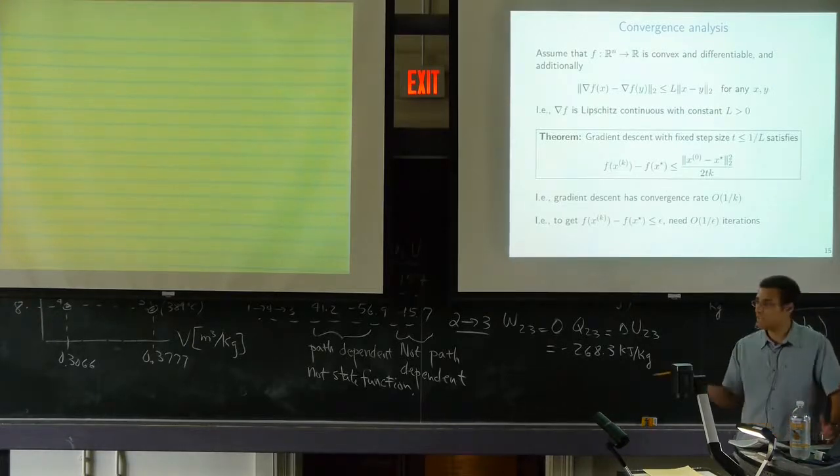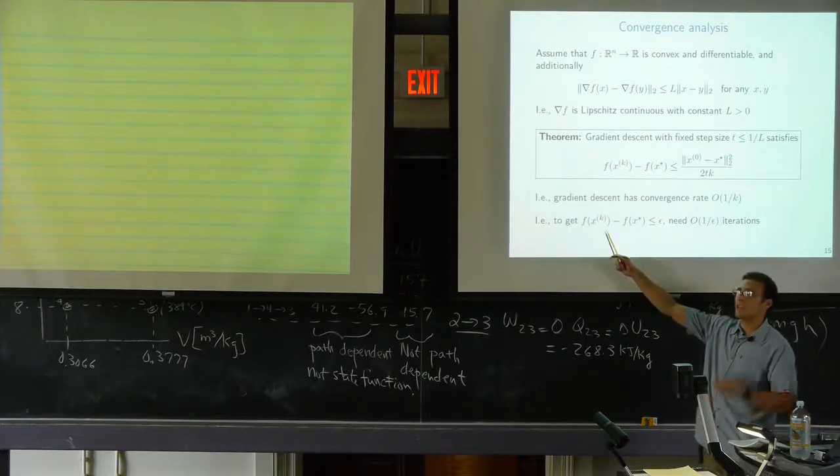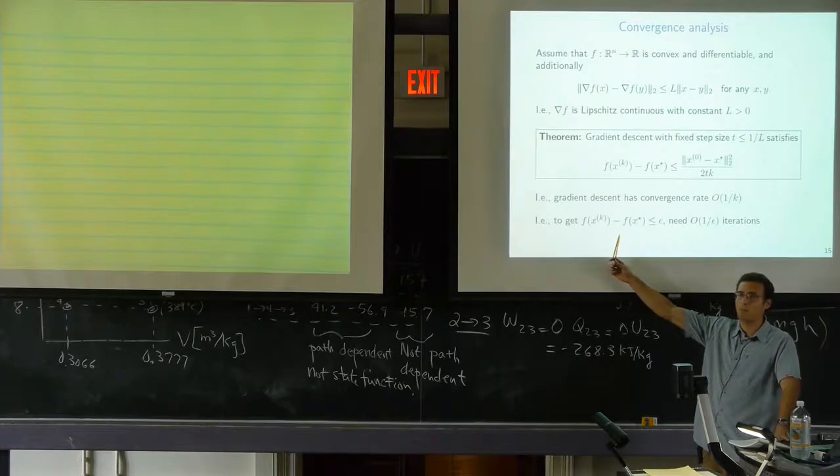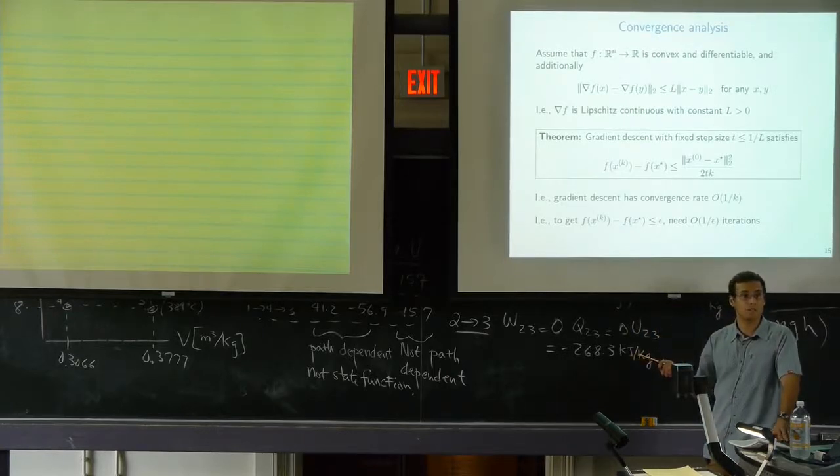Okay. So another way of saying that same result is that if you gave me an epsilon and you told me that you wanted to minimize the function to within a certain level epsilon, so you want the iterate I actually return to be no different from the actual optimal value of the function by more than epsilon, then I know that gradient descent needs on the order of 1 over epsilon iterations to get there. Okay?